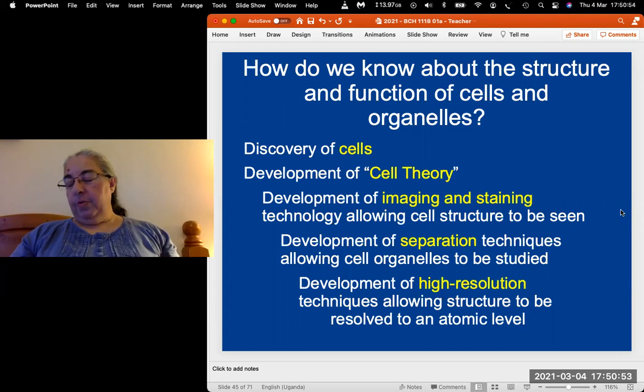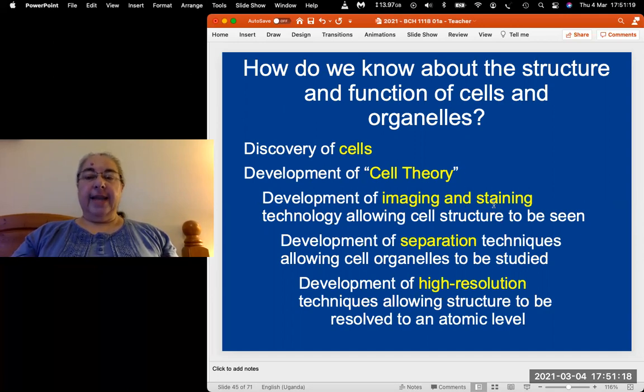So now I'm going to move on to thinking about how we know these things. How do we know about the structure and function of cells and organelles? If we think historically, first of all, we found out that living creatures are made of cells, and the development of cell theory.